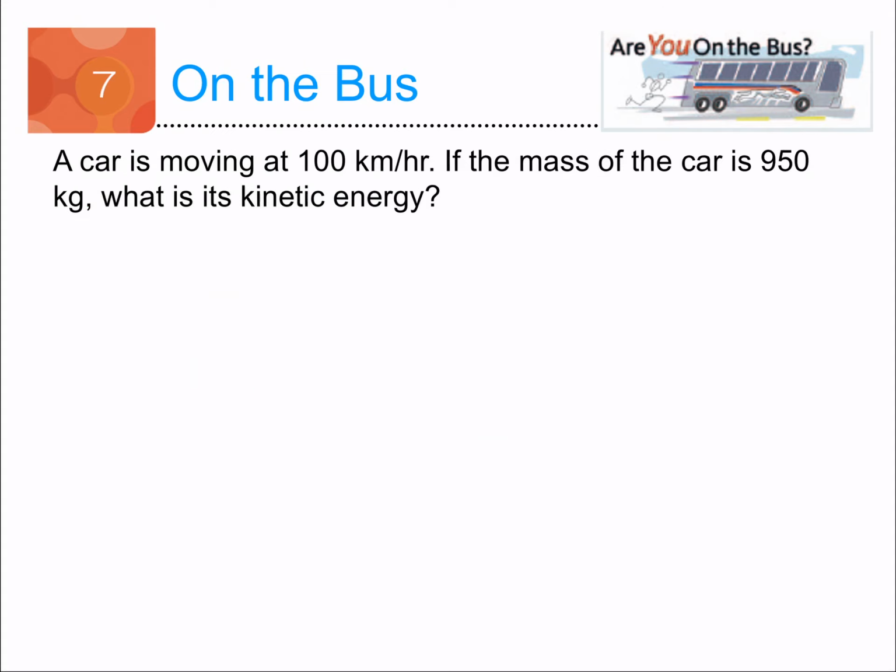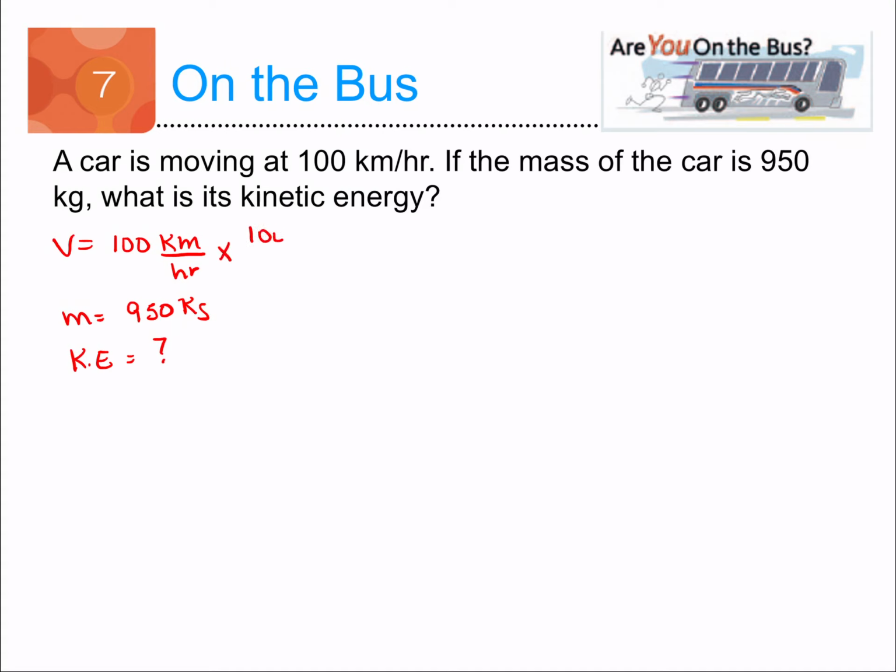Okay, let's look at another one. So we have a car that's moving at 100 kilometers per hour. So our speed is 100 kilometers per hour. We're given the mass of the car to be 950 kilograms, and you're asked for kinetic energy. Well, in order to have a joule, we're going to have to convert this to meters per second.